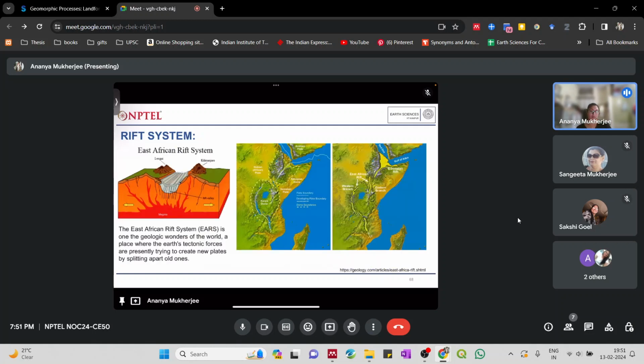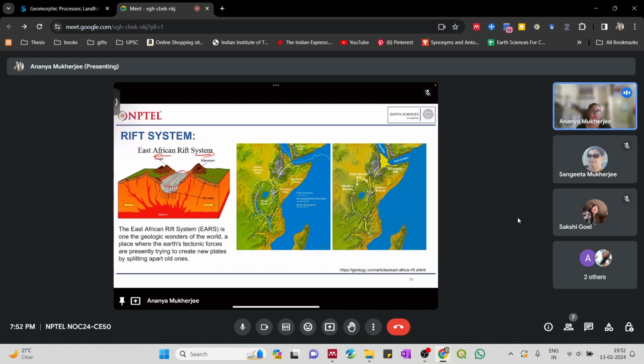So one of the famous rift systems is the East African rift system. You can see over here. So these are actually continental plates only, and since they are moving away from each other, more and more material is rising on top, and it is forming new land mass over here. Okay, and this is also called the rift valley.